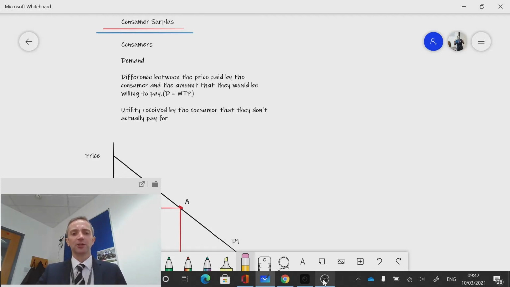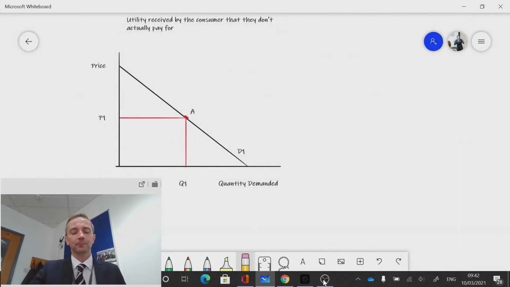So let's have a look at this in terms of our diagram. You may recall, if you've already watched the video on producer surplus, that there's a certain golden rule for remembering how to identify surpluses on diagrams. When we're looking to identify the consumer surplus, we'd be looking for the area above price and below demand.